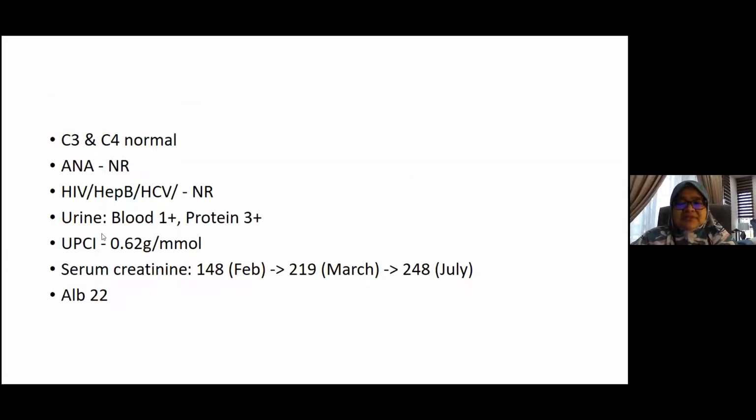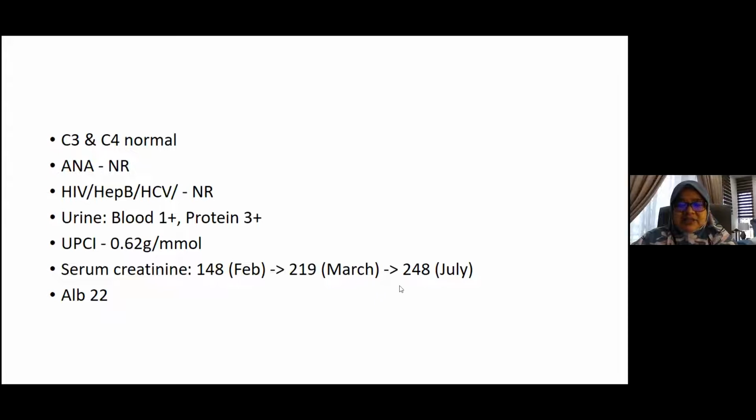The C3 and C4 were normal, non-reactive to ANA, with a negative infectious screen. She has blood of 1+ with protein 3+. The UPCI, which is an estimate of the 24-hour urine protein, is 6.2 grams per day, so it's in the nephrotic range proteinuria.